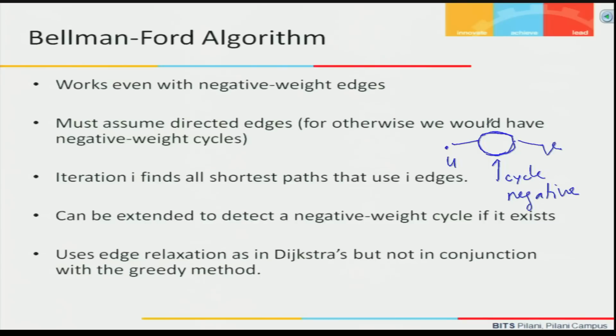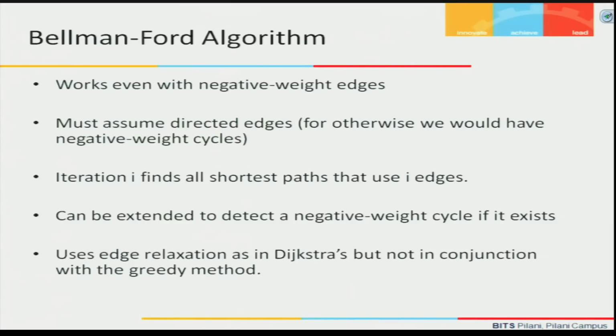So, we would never be able to find the least distance between u and v. So, for the Bellman-Ford algorithm, we need a directed graph in which negative weight edges are allowed.